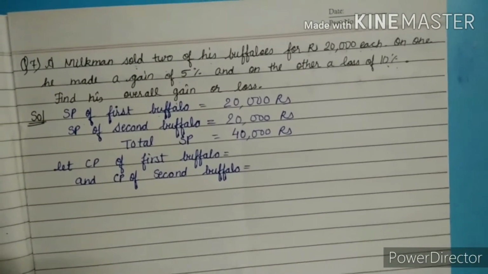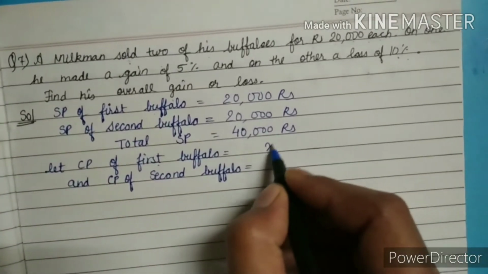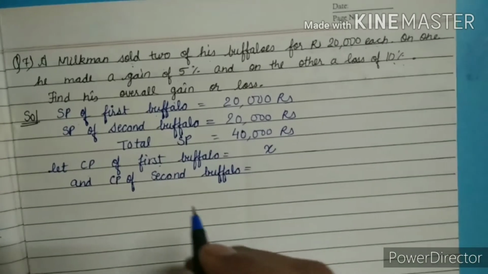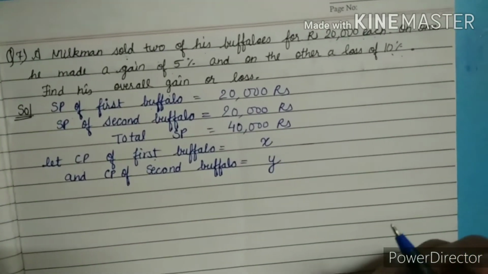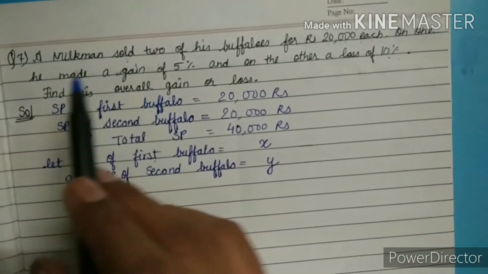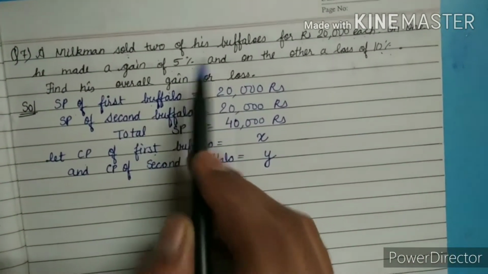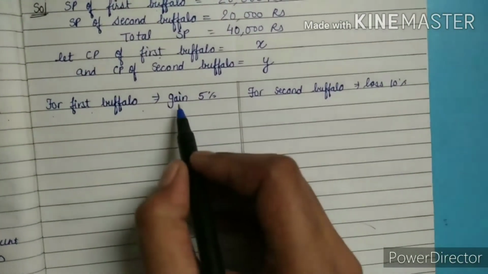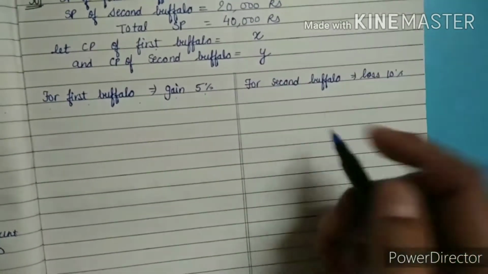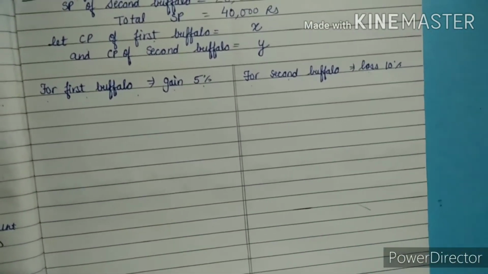So we have to suppose: let the cost price of the first buffalo be X, and for the second buffalo let it be Y. Now on the first buffalo he made a gain of 5%, and for the second buffalo he got a loss of 10%.